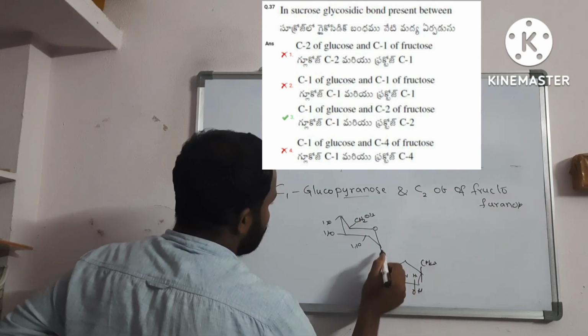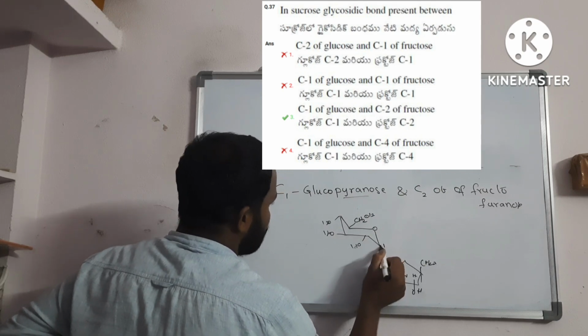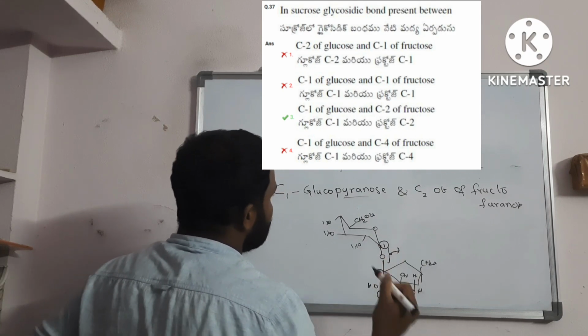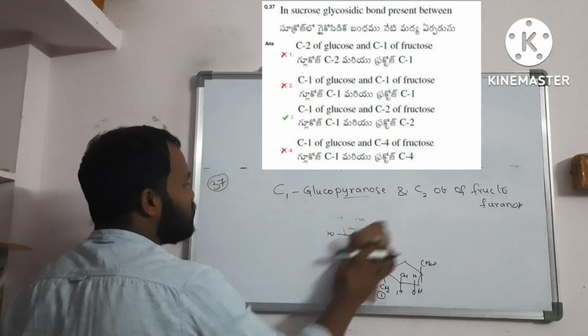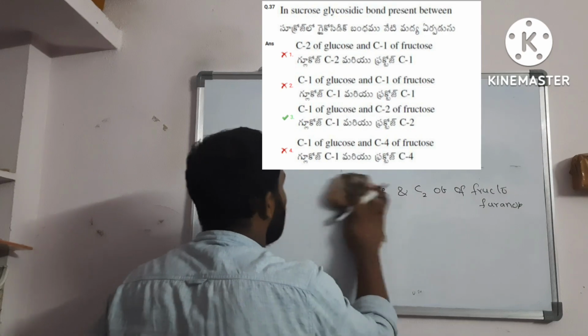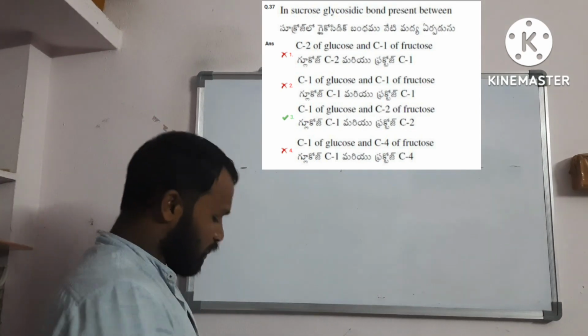This is the first carbon, this is the second carbon of fructose, this is the first carbon of glucose, hence it is called glucopyranose and fructofuranose. You may not understand, so I am going to explain a little of the concepts for sucrose and these structures so that you can know this.